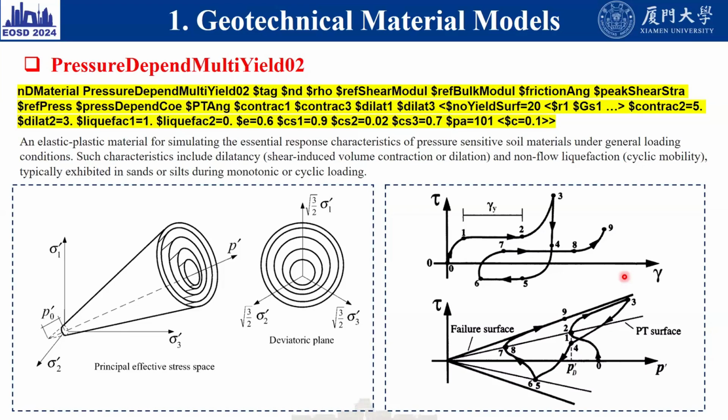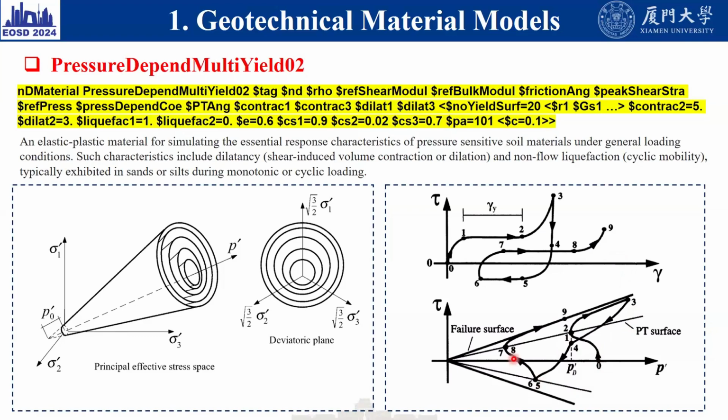Above this PT surface, we have dilation, which means the volume of the soil is increased under the shear loading. If you look at the mechanism here, 0 to 1 and 6 to 7 are within the PT surface, which means contraction. But above the PT surface is dilation.